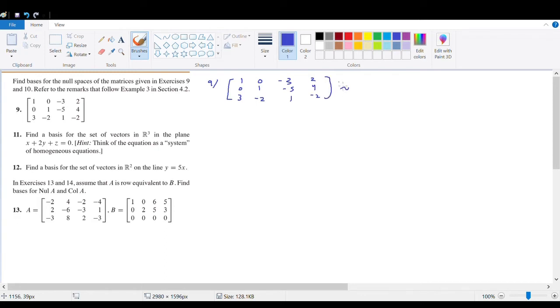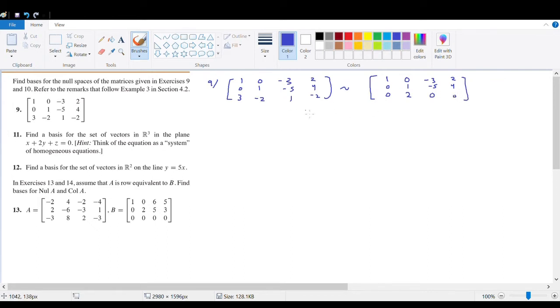If we do row operations, we need 2. Row 3 equals minus row 1 plus row 3, and row 3 equals row 2 plus row 3, and we will have the matrix 1, 0, 0, then 0, 1, 2, then minus 3, minus 5, 0, 2, 4, 0.